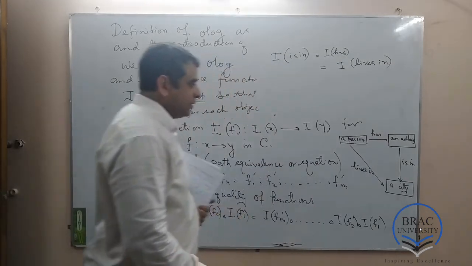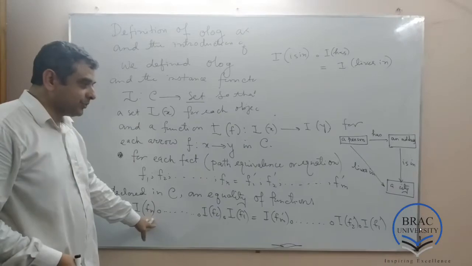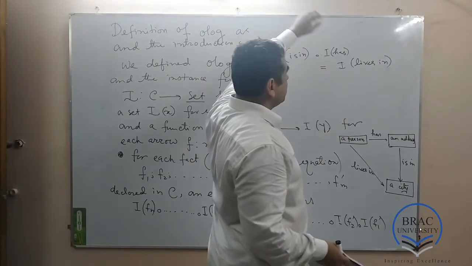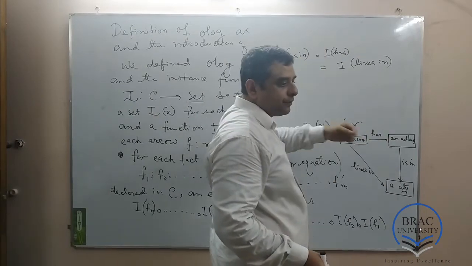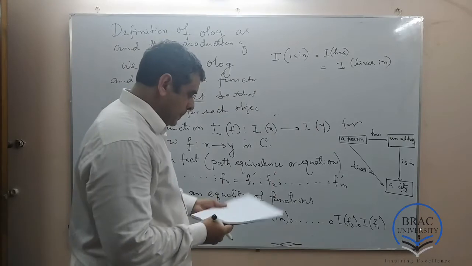Okay? So for our example, this is the part. The path equivalence amounts to the commutativity of the involved functions. Okay. All right.